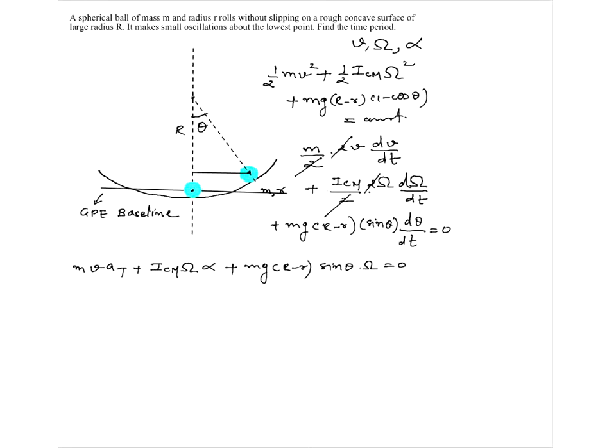We are interested in angular motion, so let's get rid of v, let's get rid of a t. v is actually v center of mass. Maybe I can write it everywhere.